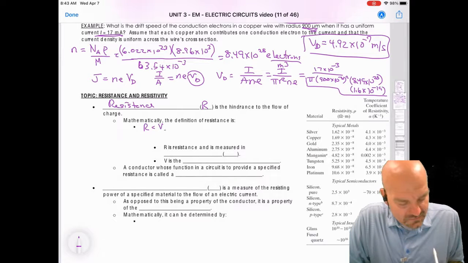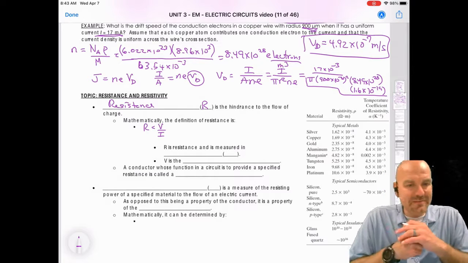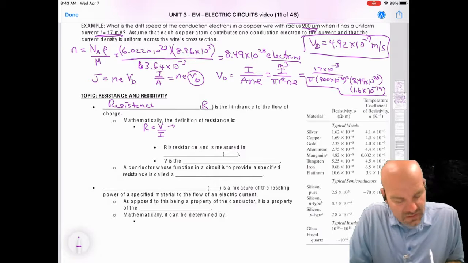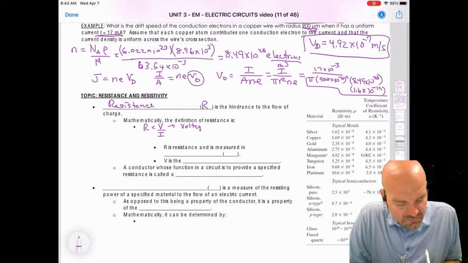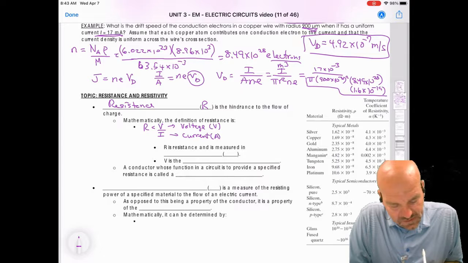But mathematically, we define resistance to be V over I. So V, remember, is our voltage. I is our current. V is in volts, current is in amps.